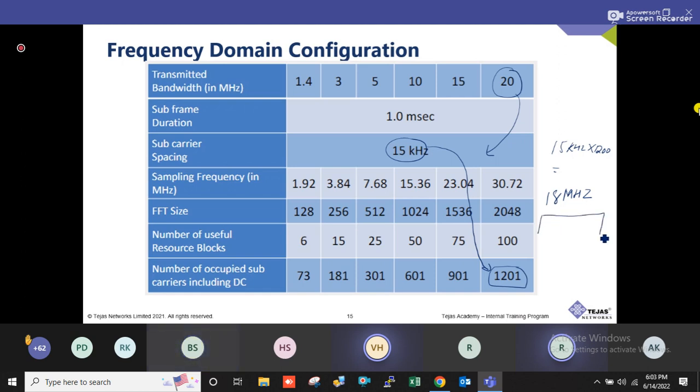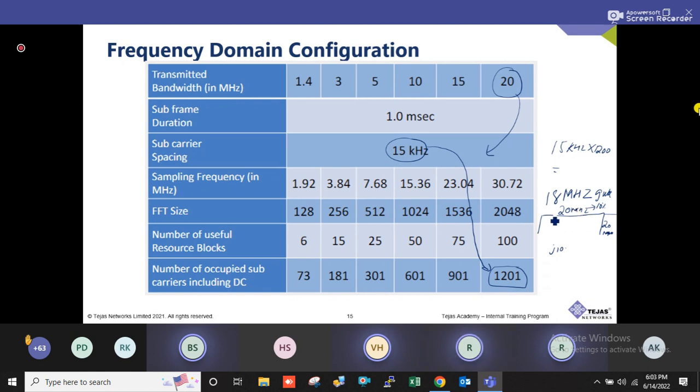That's why I didn't tell you that time. That means in 20 megahertz, the LTE standard always says that 10% is given as a guard period, because let's say this is 20 megahertz which is being used by Jio. The next adjacent 20 megahertz might be used by BSNL. So there should not be any adjacent channel interference.